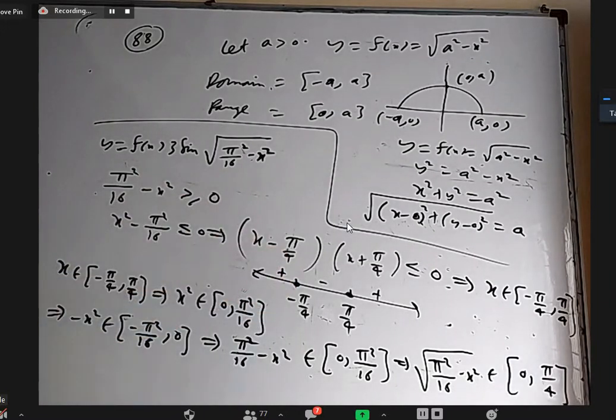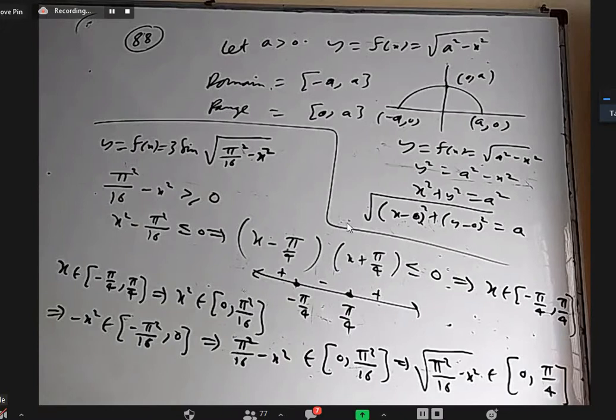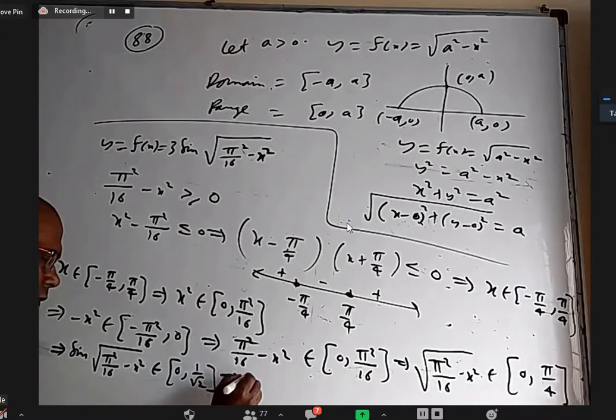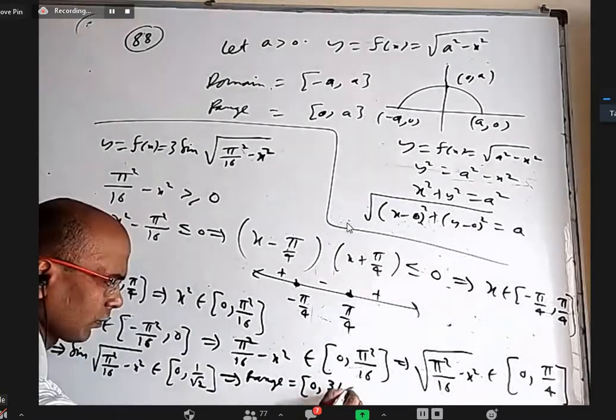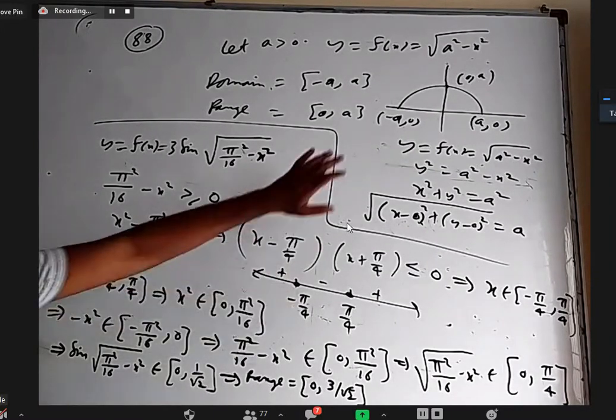Copy the domain part first for this function. Okay. So this part, everybody clear now?